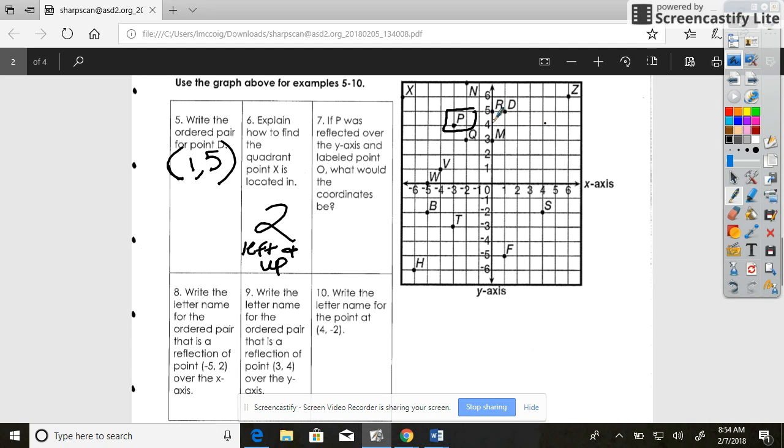So instead of going 3 over to the left, we're going to start at the y-axis and go 3 over to the right to make it look the same. So the new point would be there, and those coordinates would be 3, 4.